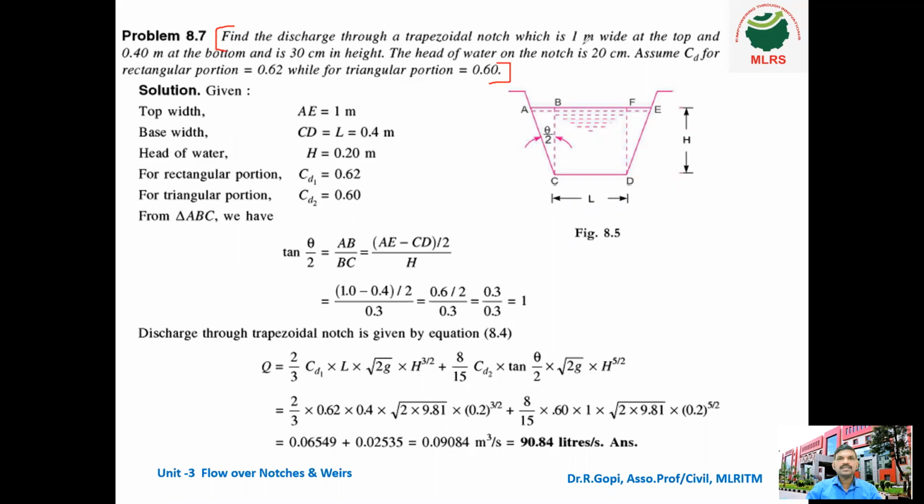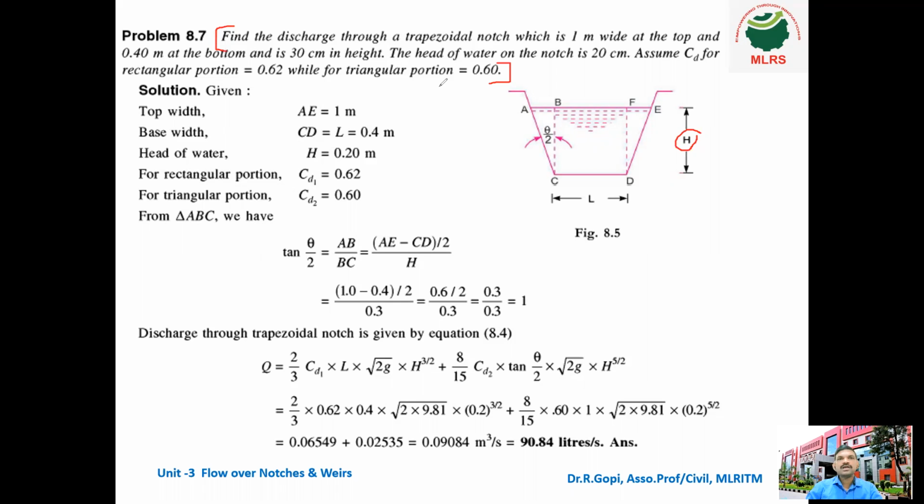Here you can see the top width and bottom width are given in meters, but the height is given in centimeters. So you have to convert all the units into meters. Whatever is given in centimeters, you must first convert into meters in the given data.